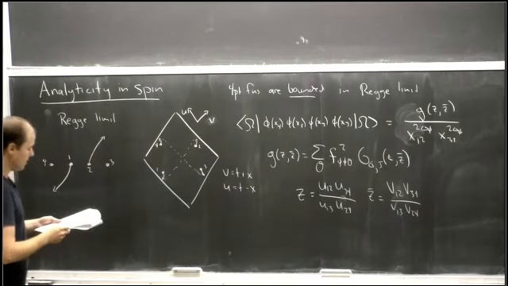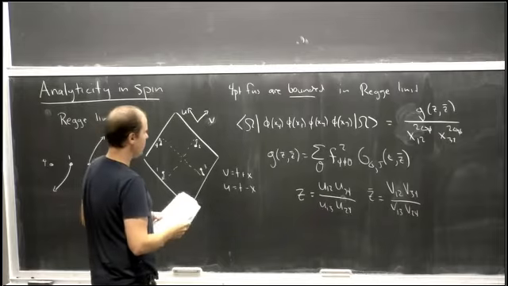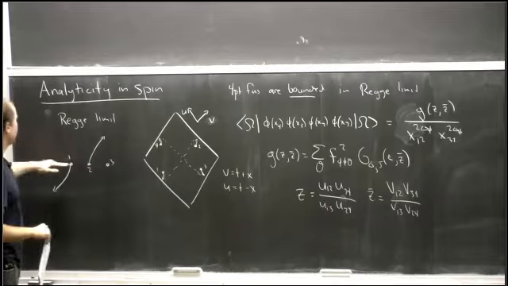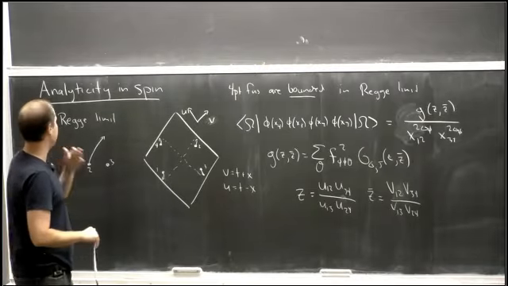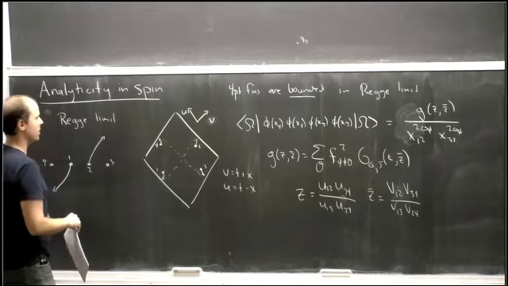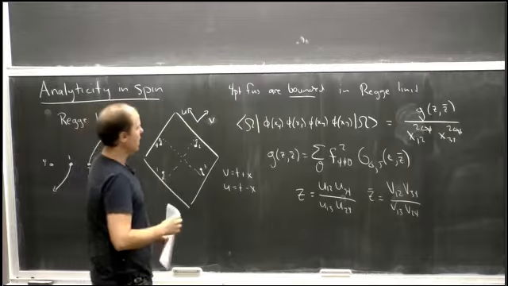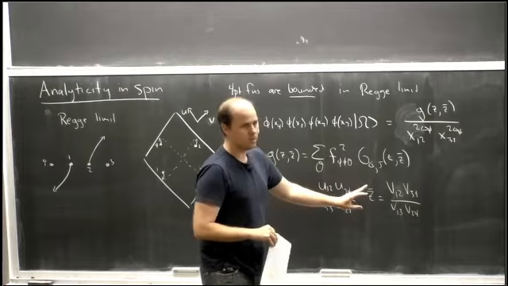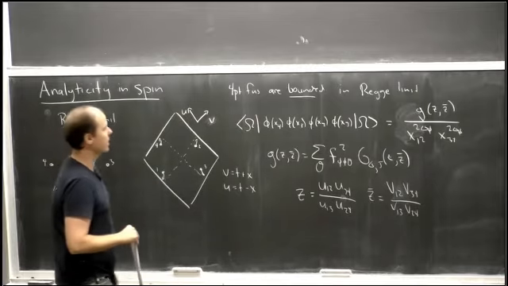Okay, so good. So if we start in this kinematics where all four operators are space-like separated, and in fact we can, if we like, just start with them on the t equals 0 slice, then you can check for yourself that z and z bar are both real and between 0 and 1.